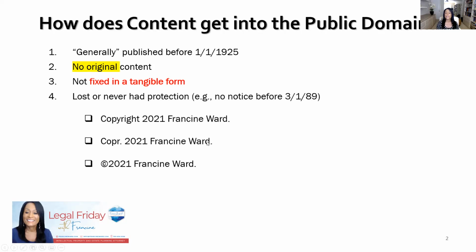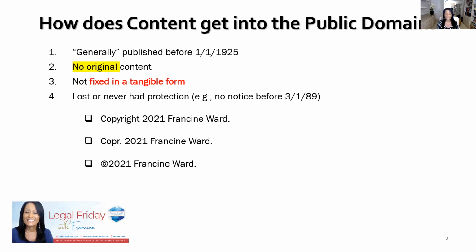Also, sometimes a work of art or authorship could have had protection, but maybe it lost it. Prior to 1989, the United States was not a signatory to the Berne Convention. The Berne Convention is a copyright treaty, and several nations have signed it. We signed it, and in 1989, it went into effect. As of March 1st, 1989, if you did not have the notice symbol on your work, there was no penalty.